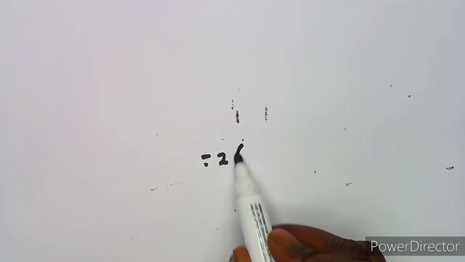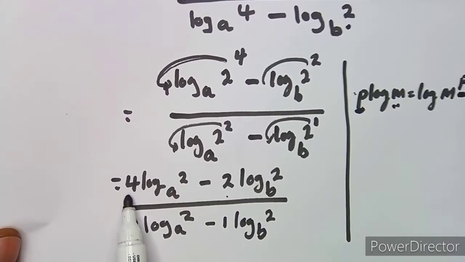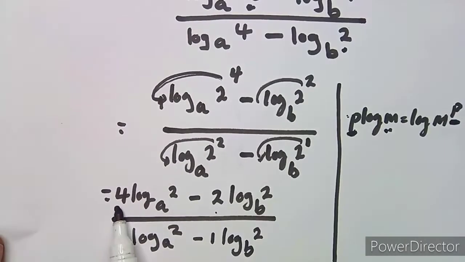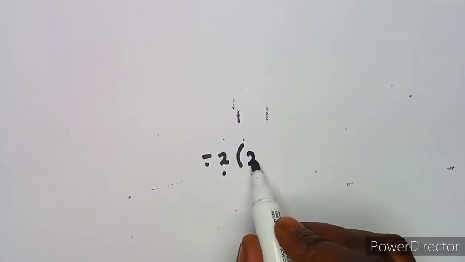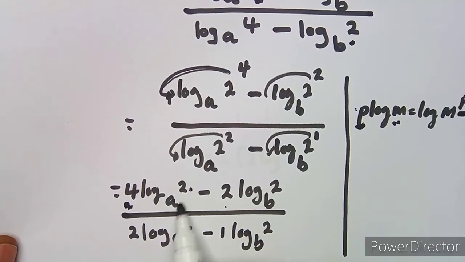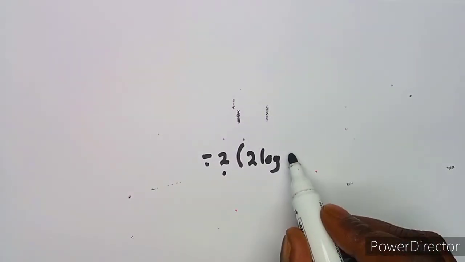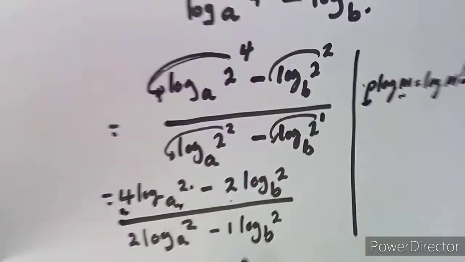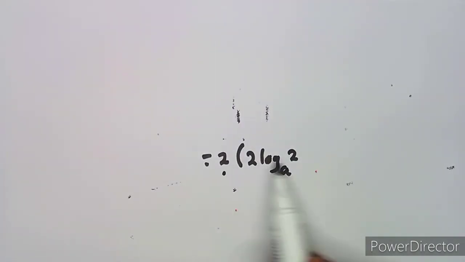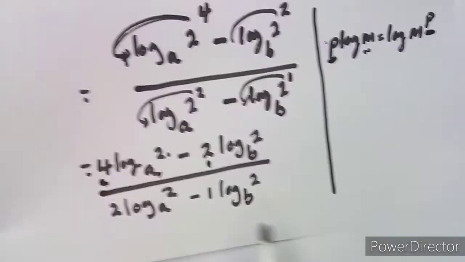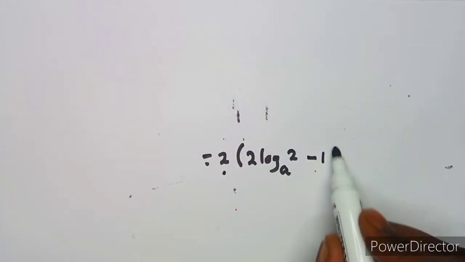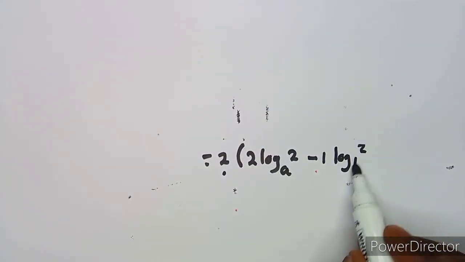If we factor out 2, 4 divided by 2 is 2, so we're left with 2 log 2 base a. And here, if we factor out 2, 2 divided by 2 is 1, so minus 1, and this repeats as it is, log 2 base b.